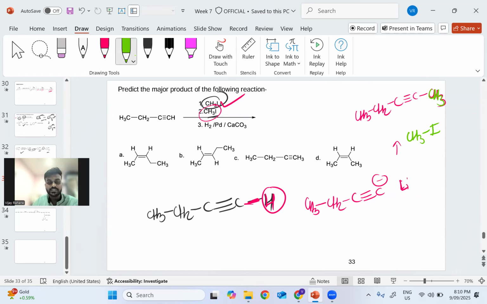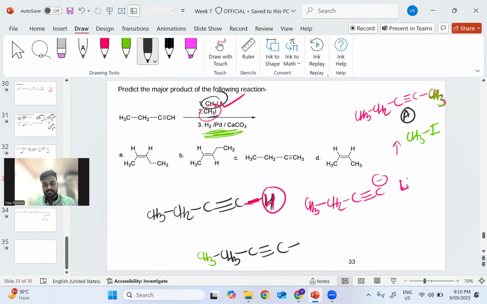Now you are given H2, Pd/CaCO3. So this H2 Pd is the reduction. So let's say this is the starting compound A. I will just draw that structure here: C triple bond C CH3.